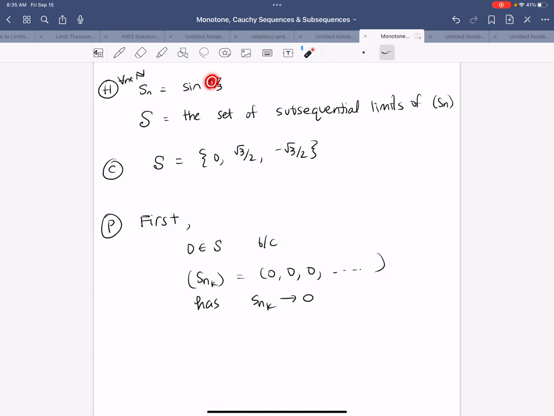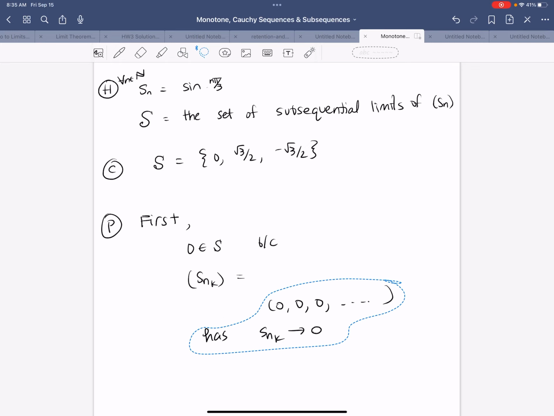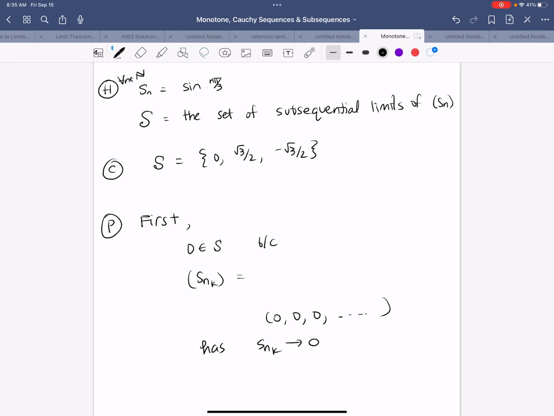So if n is a multiple of 3, then Sn is going to be 0. So I would want to take S3, S6, S9, S12, and that'll give me my subsequence that converges to 0.